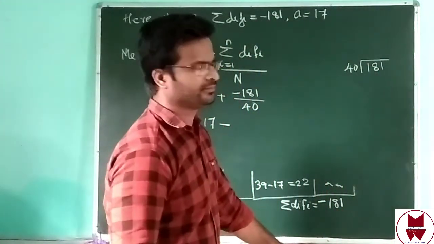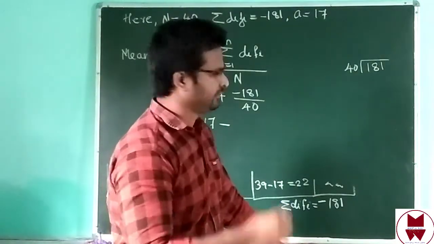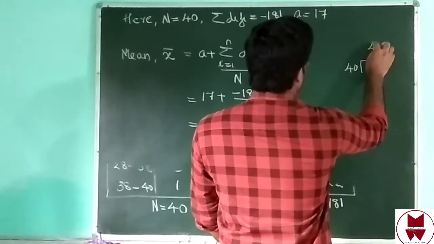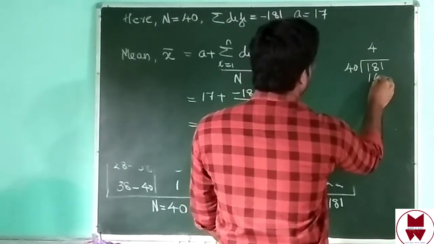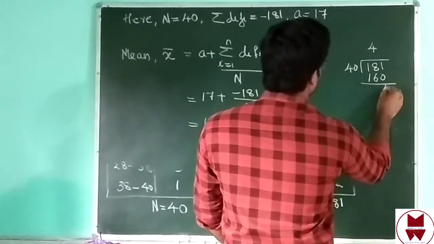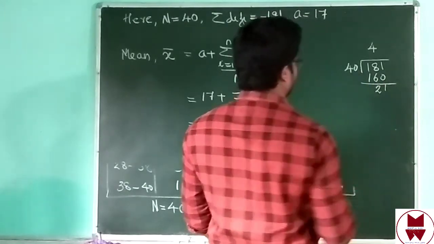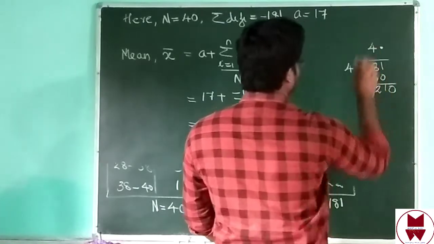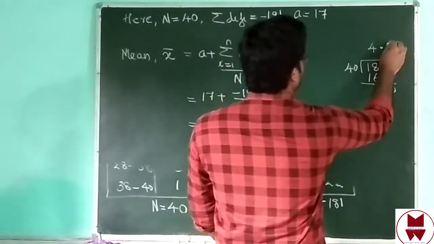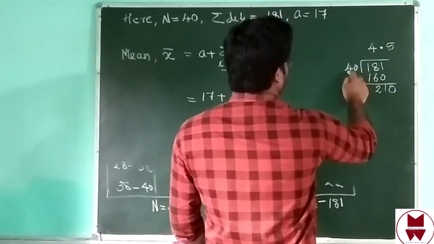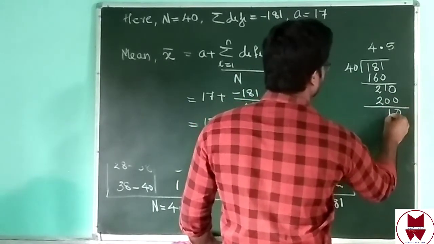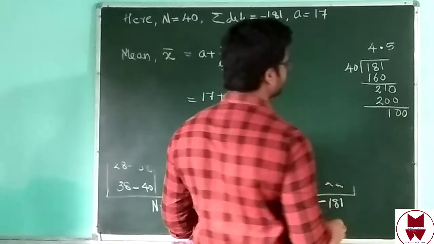181 divided by 40. In 18 we cannot, so take 181 total. 4 times, 4 into 40, 160 you will get. Then 1, 2. 21 divided by 40 we cannot, add 0, and put the decimal point. In 210, 5 times, 5 into 40, 200, then 0, 1, add 0.